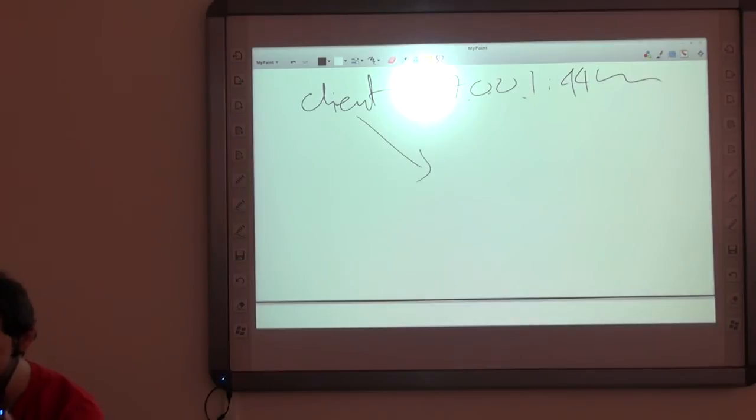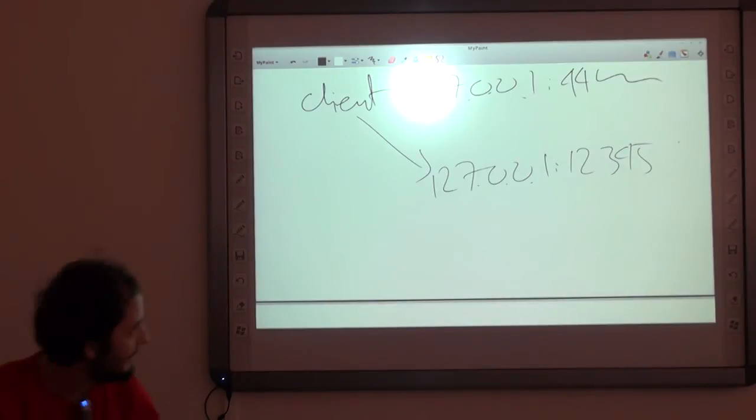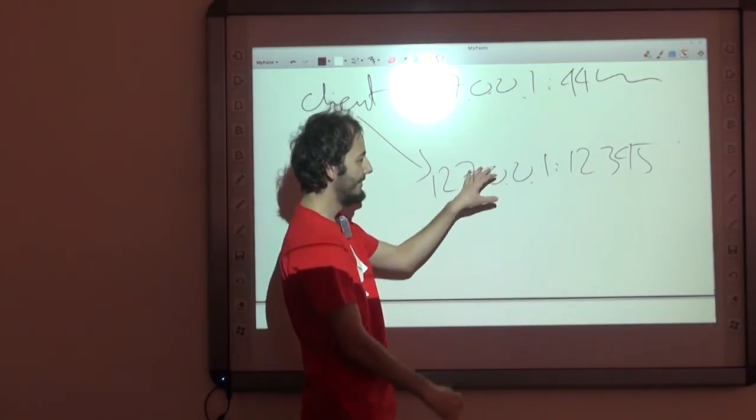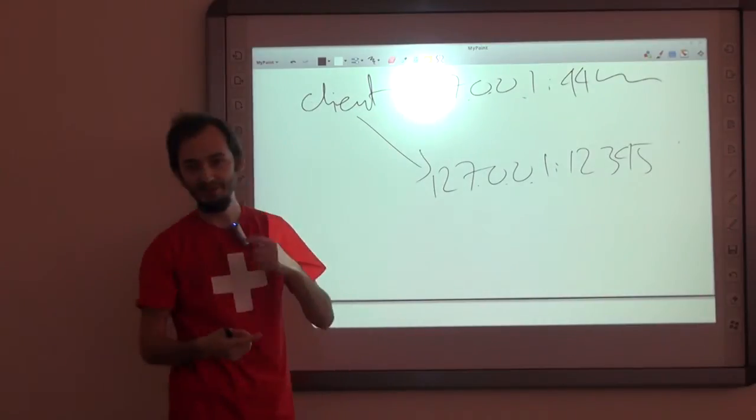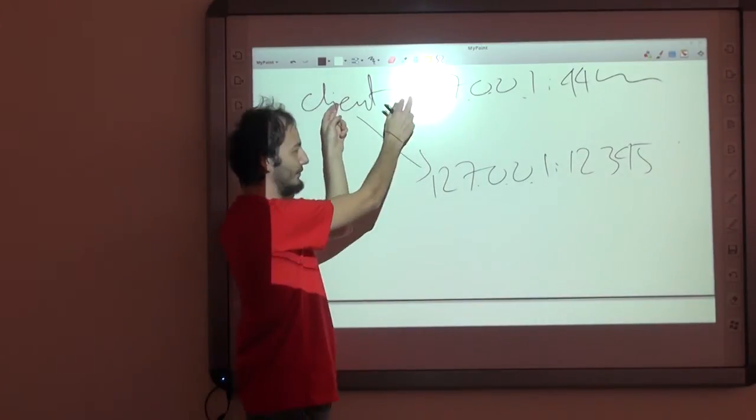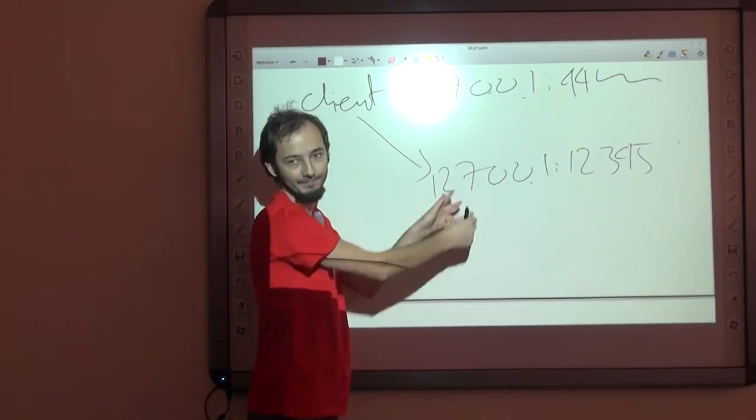And it is connected to the other end, which is 127.0.0.1 at port 12345. So from the perspective of the server, this is the local address and that's the remote address. From the perspective of the client, this is the local address and that's the remote address.